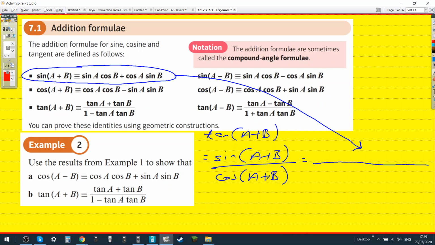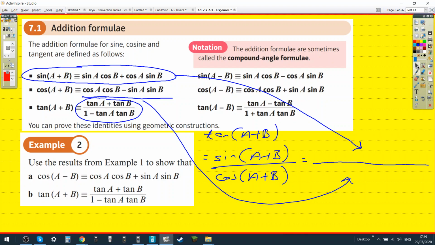Cos A plus B is cos A cos B minus sine A sine B. That goes there. You do a bunch of working and you end up with tan A plus tan B over 1 minus tan A times tan B.